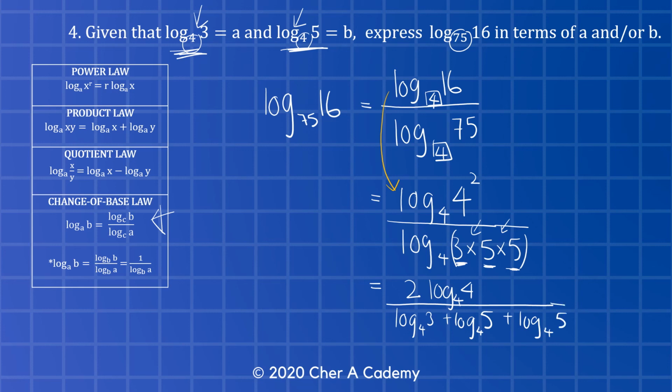Okay, running out of space here. So log base 4 4 is 1, so my numerator is just 2. Log base 4 3 is a, so I'll replace it with a. Log base 4 5 is b, so I'll replace it with b, plus same thing b, and my final answer is 2 over a plus 2b.